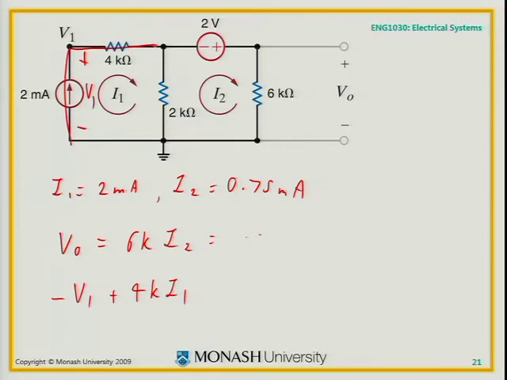Which loop do we want to do? Maybe I'll do this loop. Minus 2 plus V0. I've already worked V0 out. So there you go. There's an equation. I've already worked out V0. I know I1, so that I can work out V1. A little more work in that case. Maybe there's a simpler way. But basically, once you've got all the mesh currents, it's going to be pretty easy to calculate anything else.